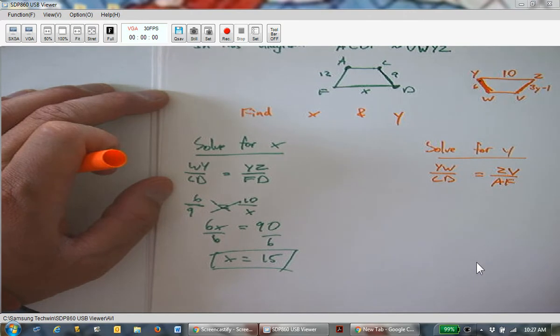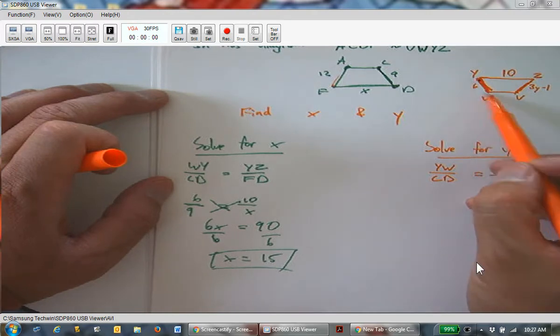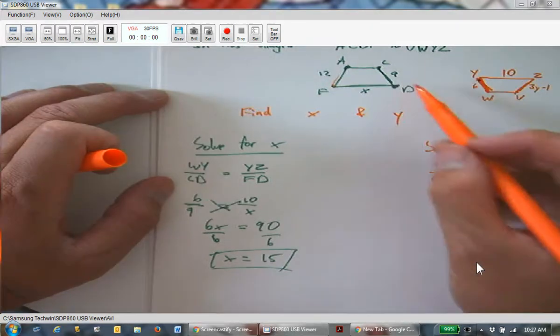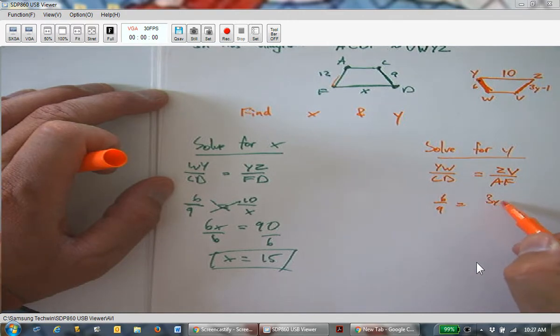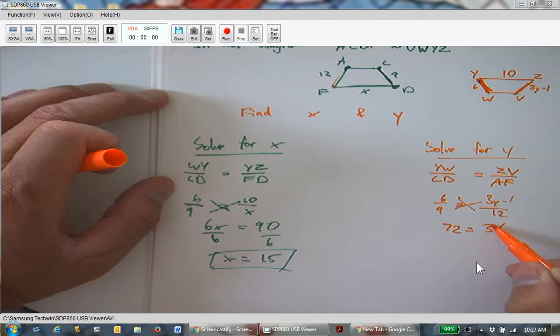Mine's messy. Okay, so these two are similar to each other, so that's why you set up that ratio. And then these two are similar to each other, YW and ZD. Same as before, 6 over 9 is equal to y minus 1 over 12. You cross multiplied. That is 6 times 12 is 72, equal to 9 times 3 times y minus 1.